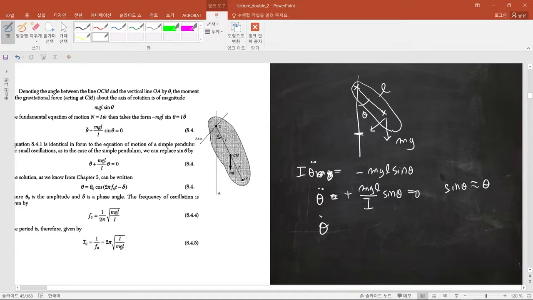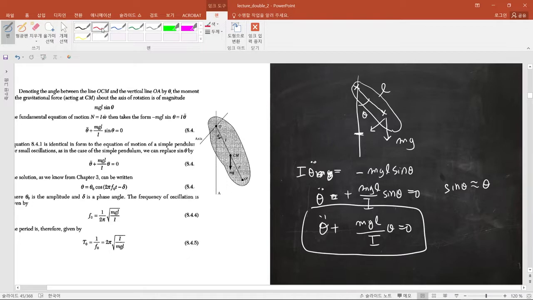Therefore, we have theta double dot plus m g l over I theta equal to 0. We know that the general solution is theta 0 cosine of 2 pi f0 t minus some delta, for general boundary conditions.